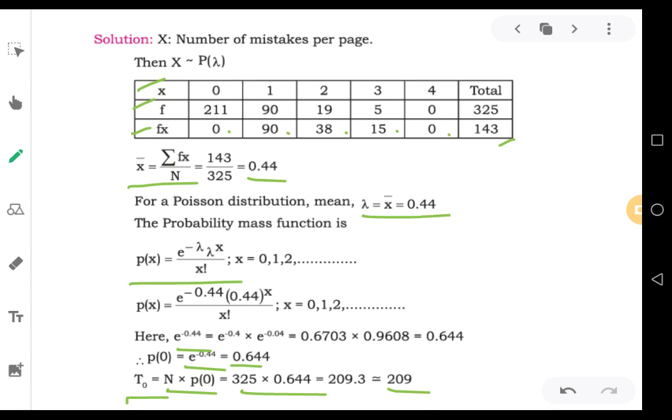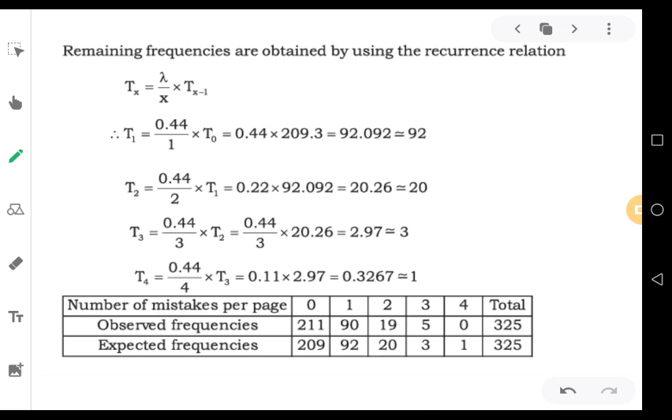Now once you calculate the first theoretical frequency term, you can use the recurrence relation formula. The recurrence relation formula in the case of a Poisson distribution is Tx equals lambda by x into Tx minus 1.